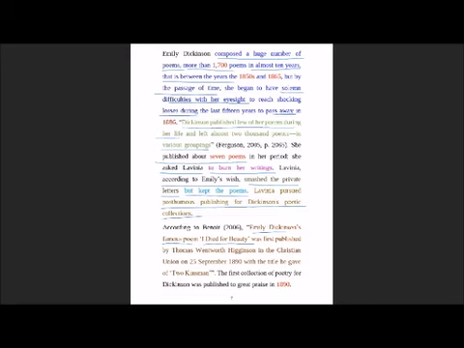I Died for Beauty was first published by Thomas Wentworth Higginson, as we mentioned, the editor or helper of Emily, in the Christian Union on the 15th of September 1890. The first collection of poetry for Dickinson was published to great praise in 1890. And we remember that she died in 1886, four years before.